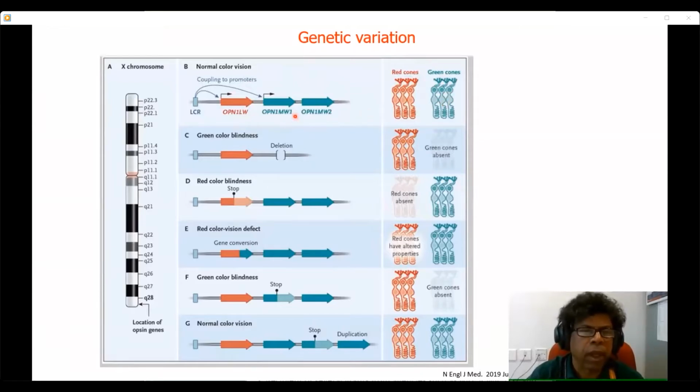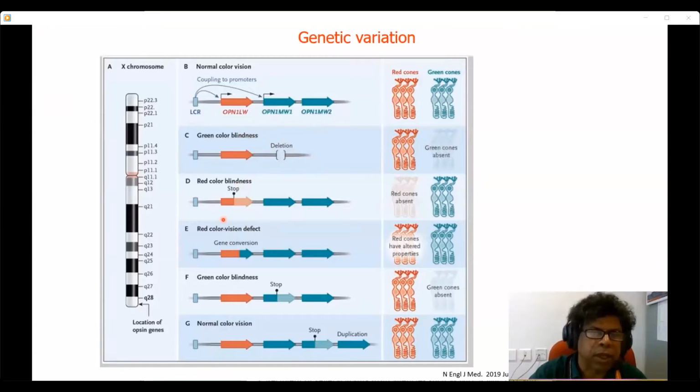Now, what happens with these Northern European descent people is that there is a genetic deletion of part of this gene, for example here MW1 and MW2. When they get deleted, the green cones are absent in the eye, there is no gene expression of this, and you get green color blindness.